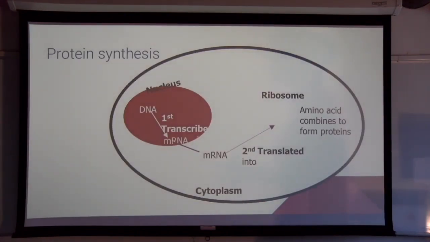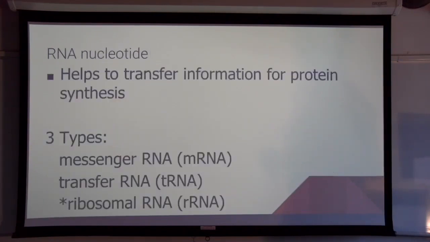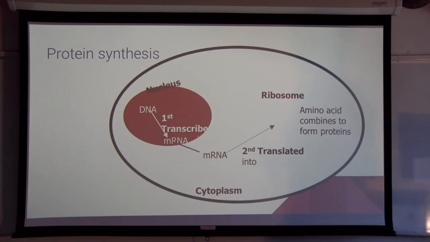So here I wanted to give you a glance as to how the process will take place. Here the nucleus, DNA has to send the information over to the ribosome, to instruct it on how to make proteins. This is accomplished through a series of steps.